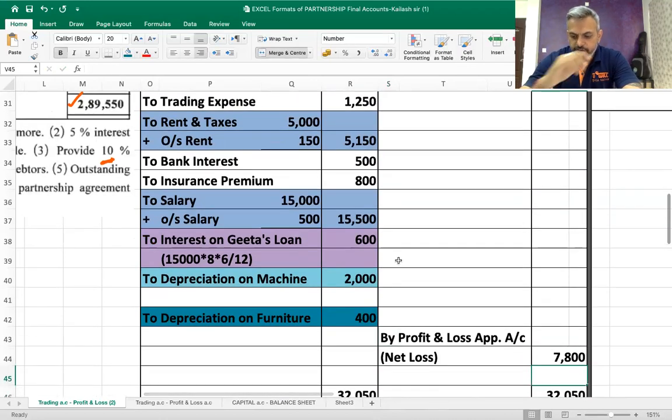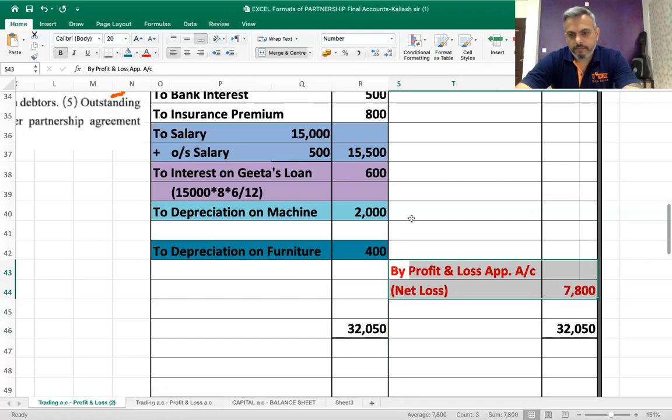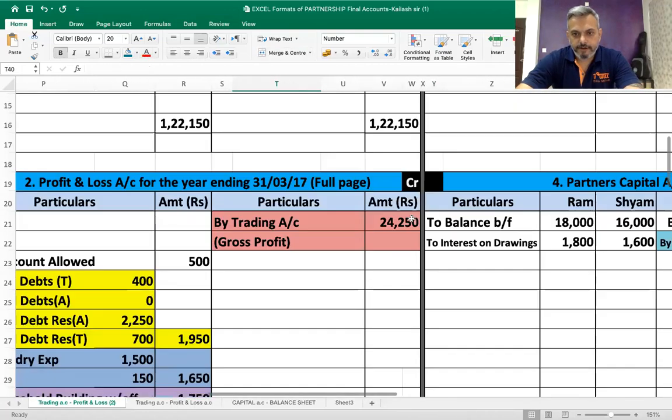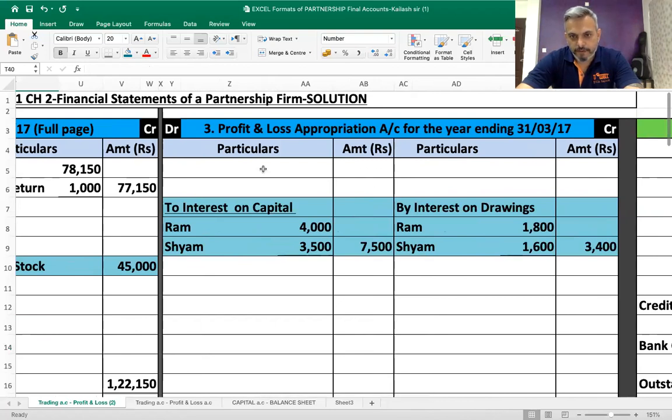So loss comes to 7,800. Transfer it to P&L appropriation account. Always remember to keep first two lines blank.